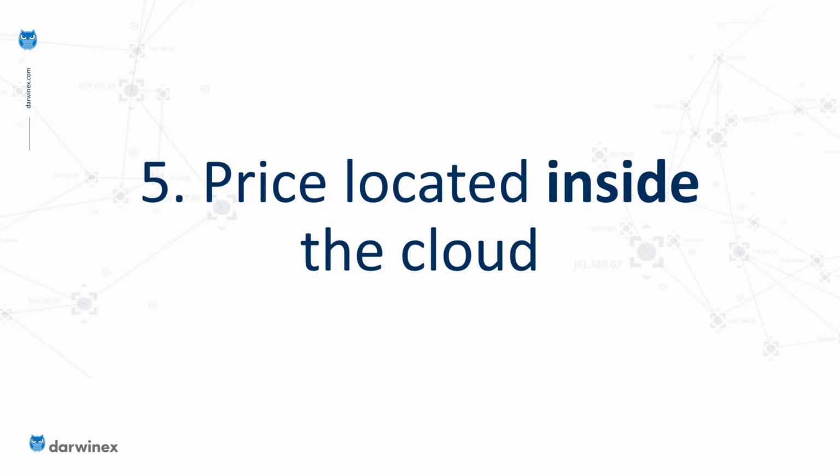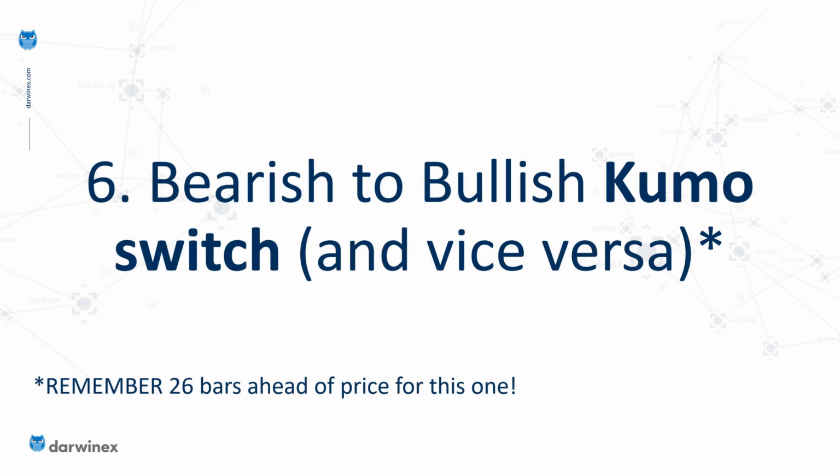Now, the next characteristic of the Kumo is what I've called the Kumo switch. So this is where it will either turn from a bearish to a bullish Kumo, or vice versa, the other way around. But remember, because the Kumo is plotted 26 periods ahead of the current price action at any time, we have to look at this 26 bars ahead of the price.